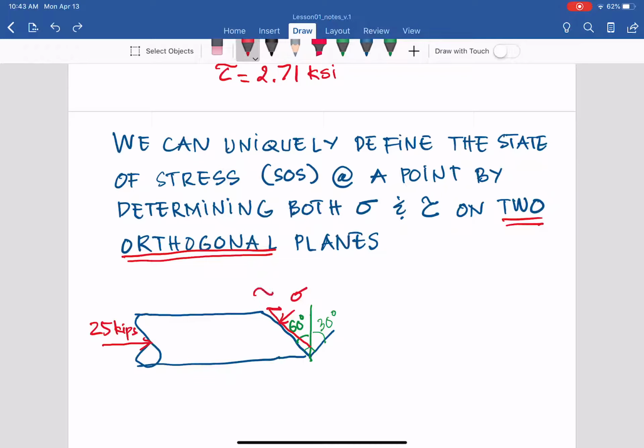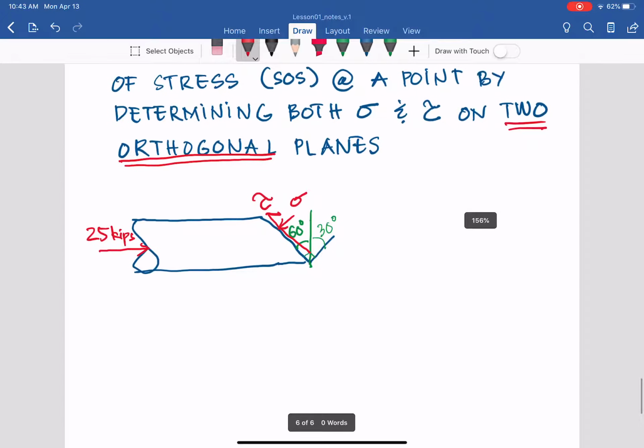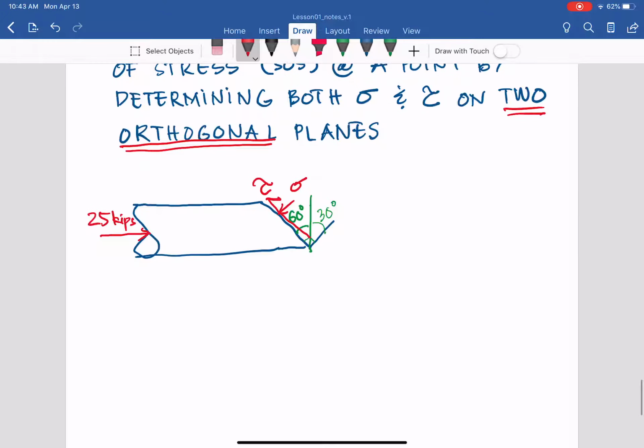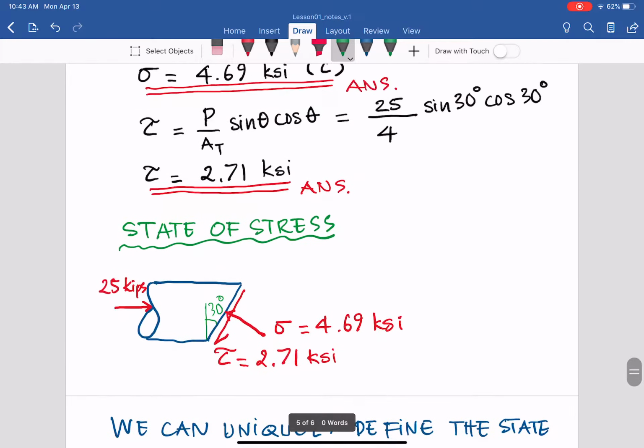We can just apply the normal and shear stress equations that we already learned previously.